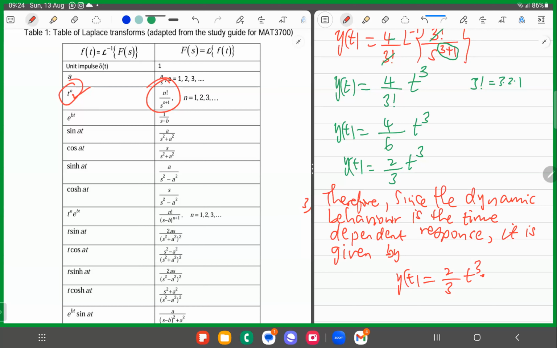Right, so that's what you get. y of t equals 2 over 3 t cubed.